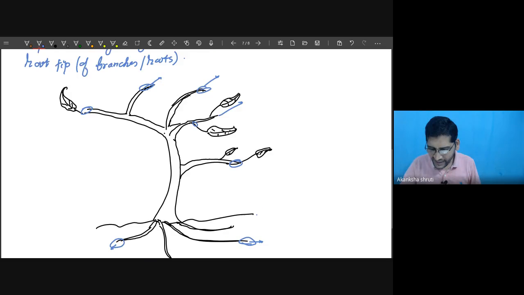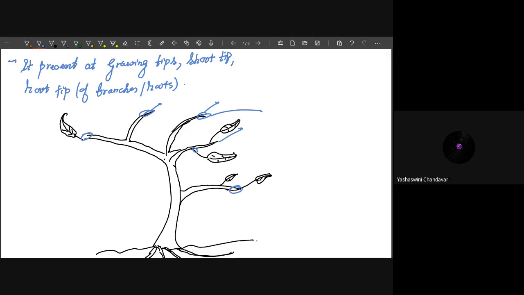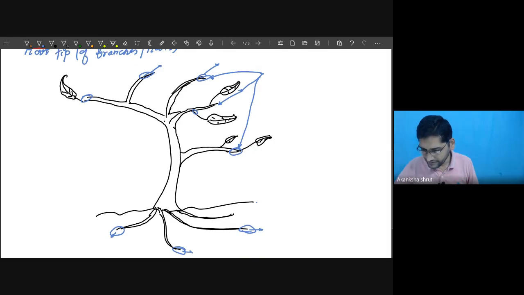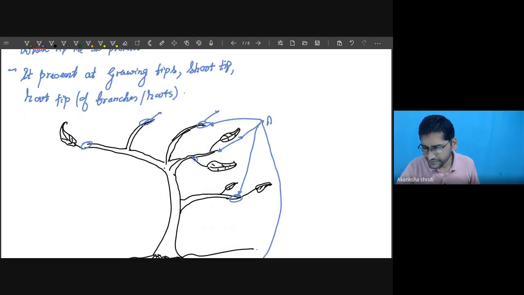These areas at the top contain which kind of tissue? Apical, meristematic. Very good. So all these areas contain it, and even this one also. These have apical meristem.